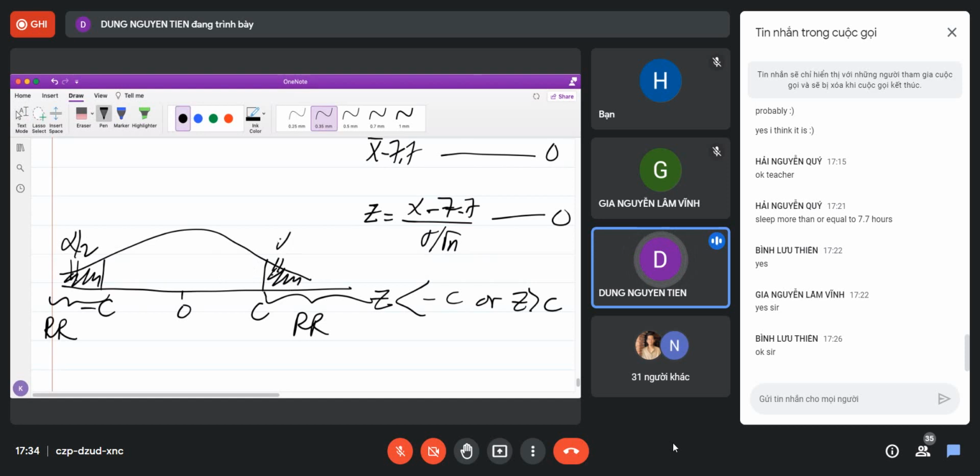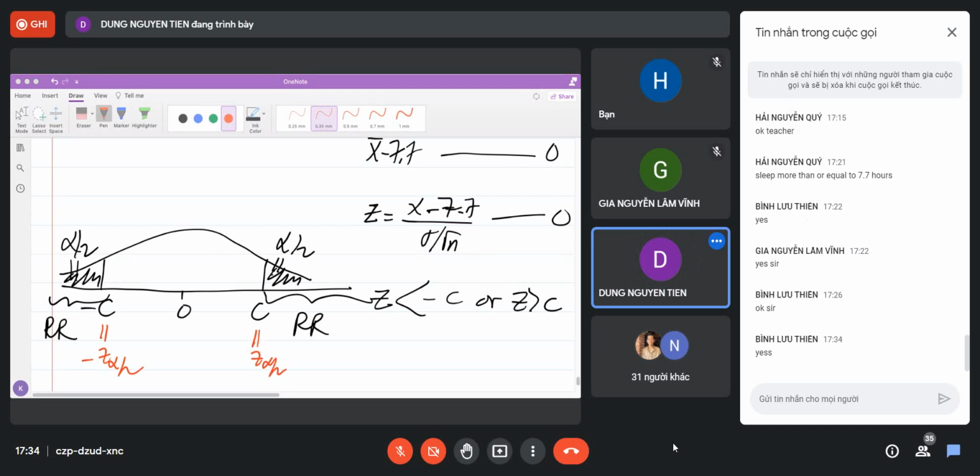So you get alpha over 2 and alpha over 2, and then you get the value Z alpha over 2 for this one, and minus Z alpha over 2. Do you understand? Is that all clear, everybody? May I move on?